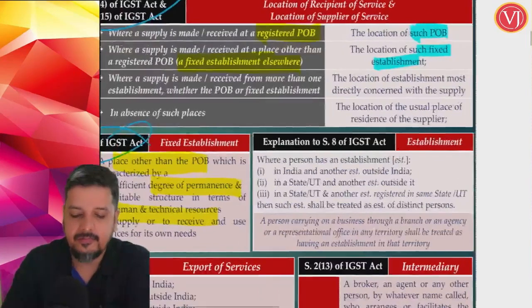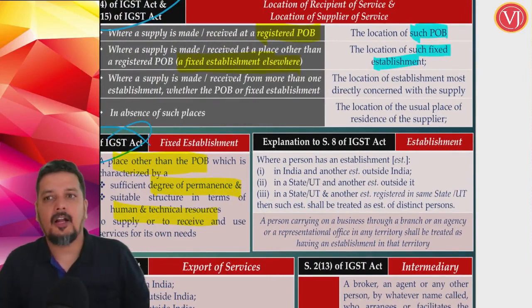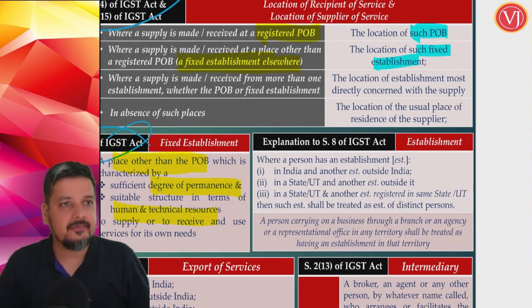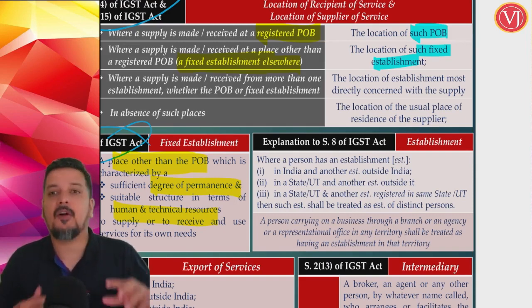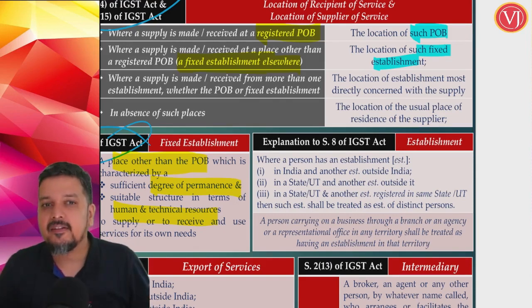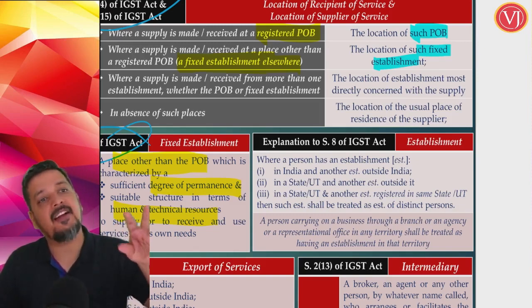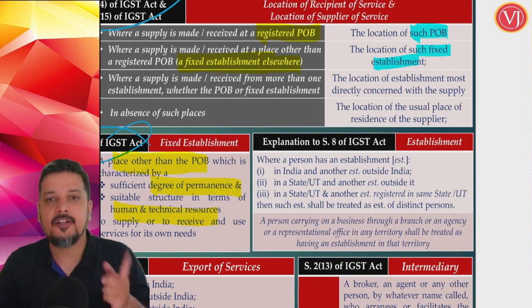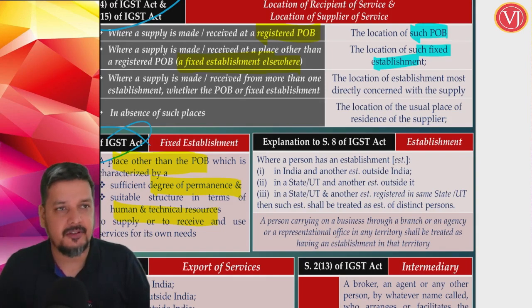The reason is, an additional place of business can be there in the state, but you can have your main place of business in Delhi and a fixed establishment in Coimbatore. They cannot be called principal place of business and additional place of business because they are in different states. Each of those places will be a principal place of business for that state. Therefore, they change the language to main place of business and fixed establishment.